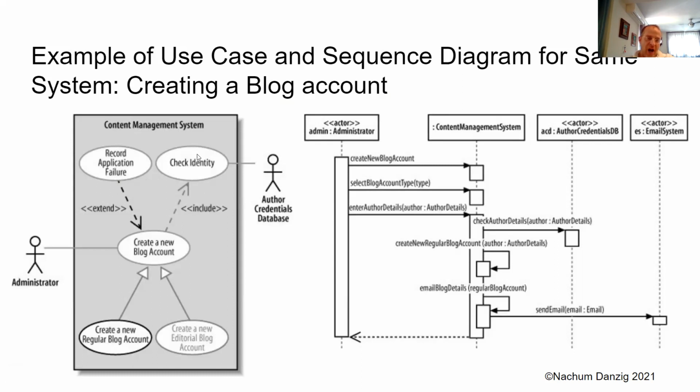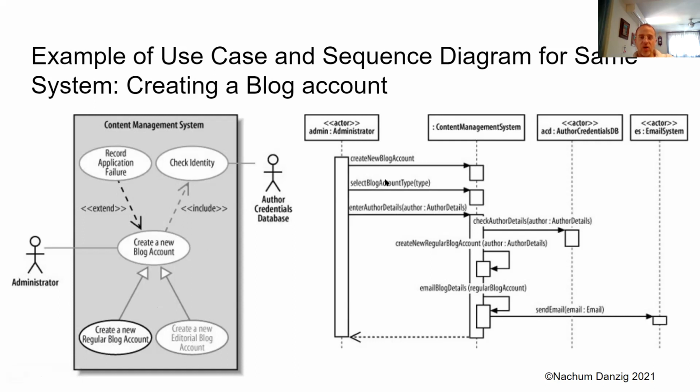Here he'll always create an identity. Author credential database, that's external from our system, so that's why it's drawn like that. And then create a new regular blog account, create a new editorial blog account, different versions.